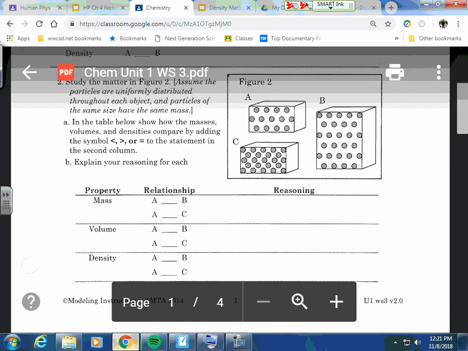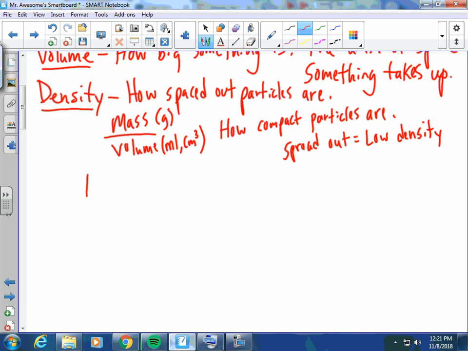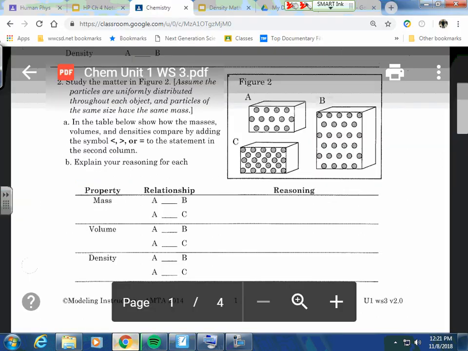Okay, between A and C, they're the same size, so same volume, but in C we increase the number of particles. So if we increase the number of particles, we're increasing the mass, right? And by doing that, we also increase the density.